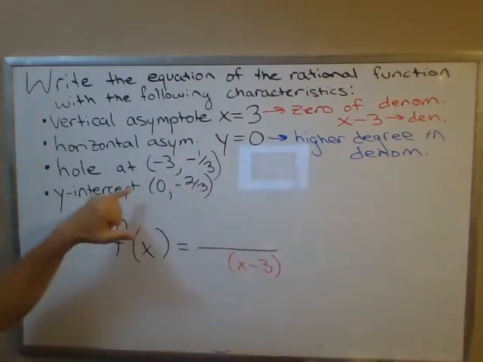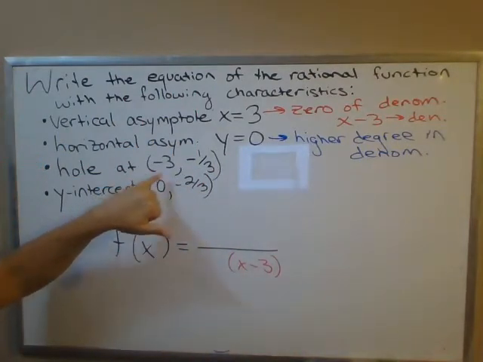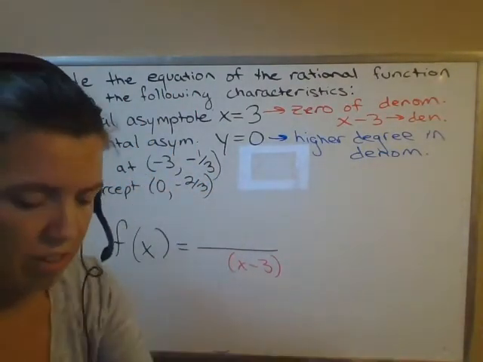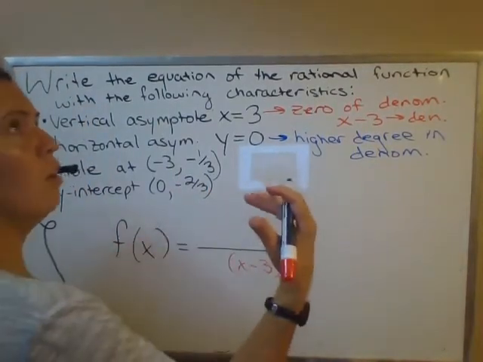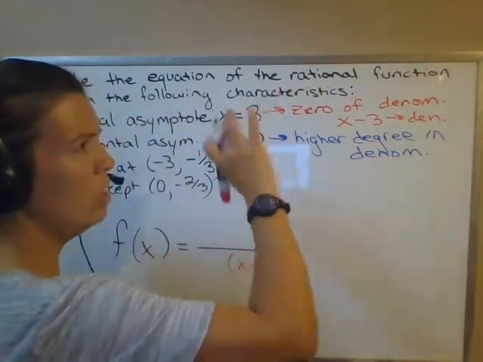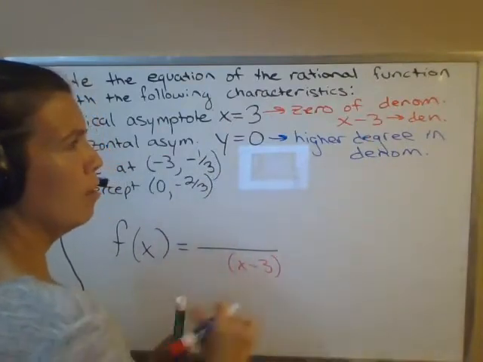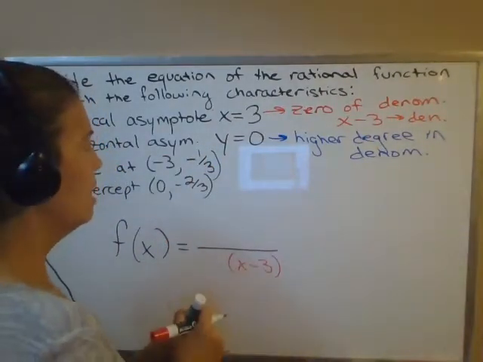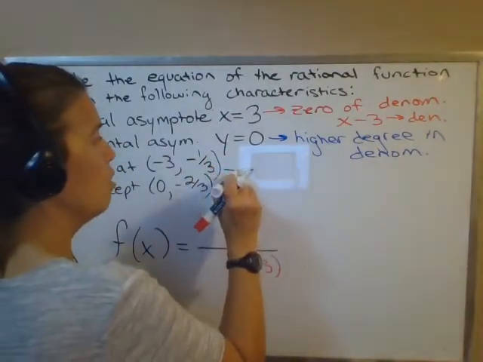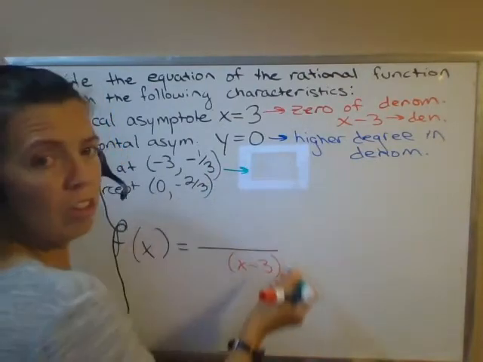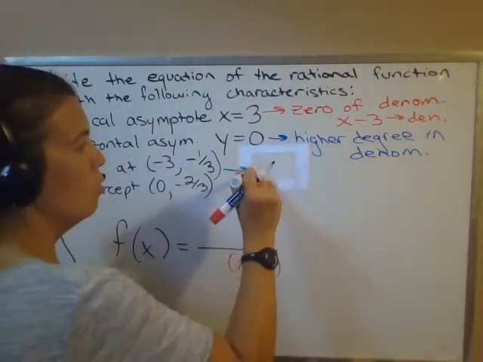Now there's a hole at -3, -1/3. So if you think about, okay, well, when do I get a hole? When I'm looking at the equation and I'm trying to draw a graph, how do I know there's a hole? And the answer is it comes from a factor that cancels.